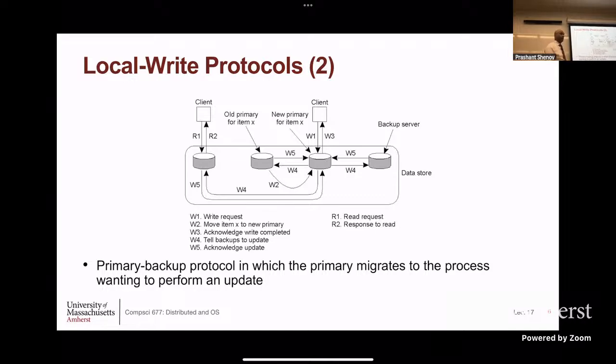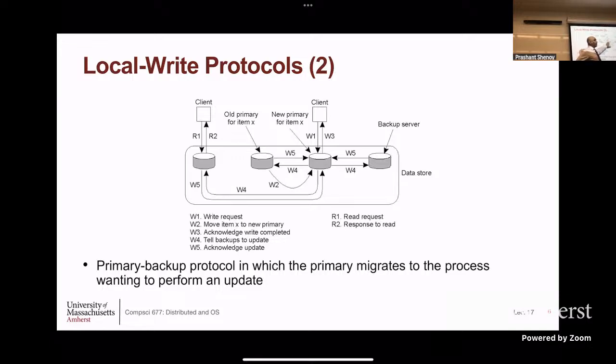Yes, that's a good question. The question is, how do you decide when to move the primary to that server? As you can see, W1 actually arrived at the local machine. The local machine will send a message here, and that's why W2 is coming back. That will transfer the responsibility to the new machine.